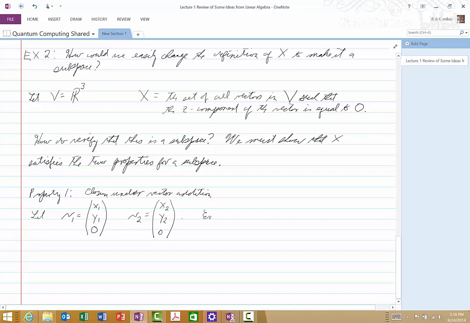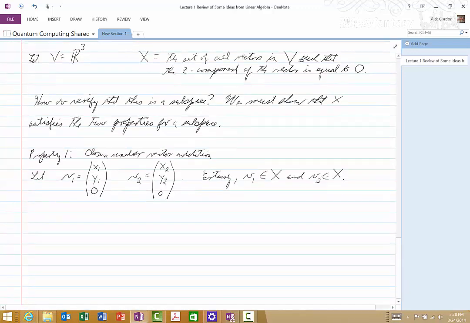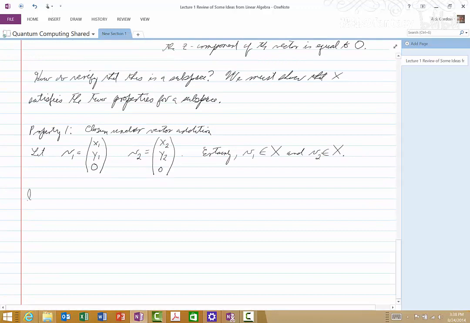Now, certainly, V1 is an element of X, and V2 is an element of X. That's definitely true because both of these are vectors in R3, and both of them have z component equal to 0. And so now we ask, is V1 plus V2 an element of X?